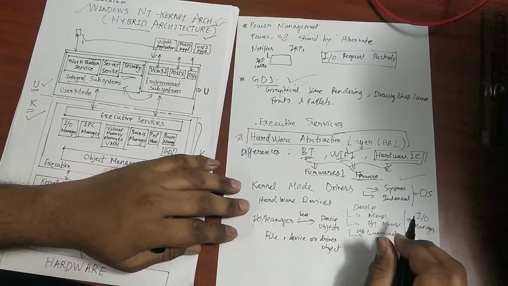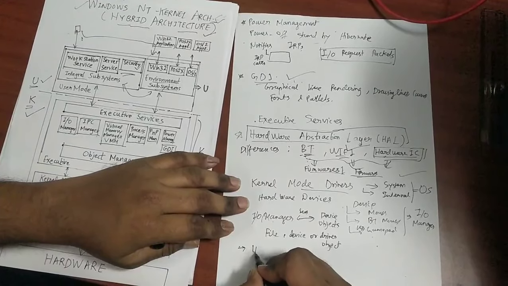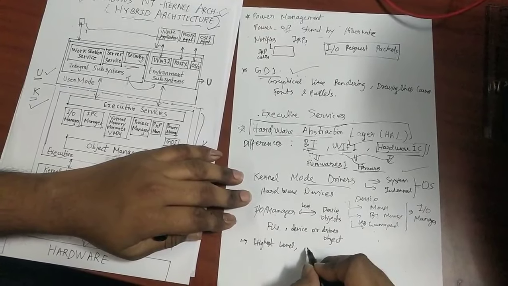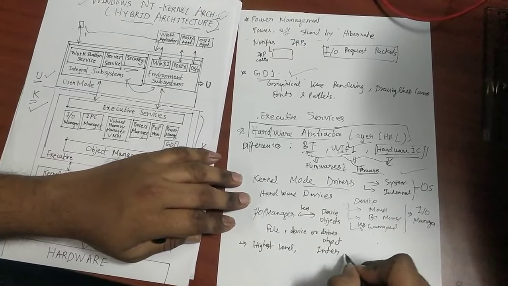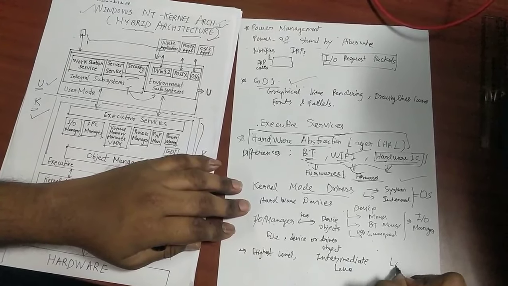Okay, so these kernel mode drivers exist in three levels: highest level, intermediate level, and lowest level.